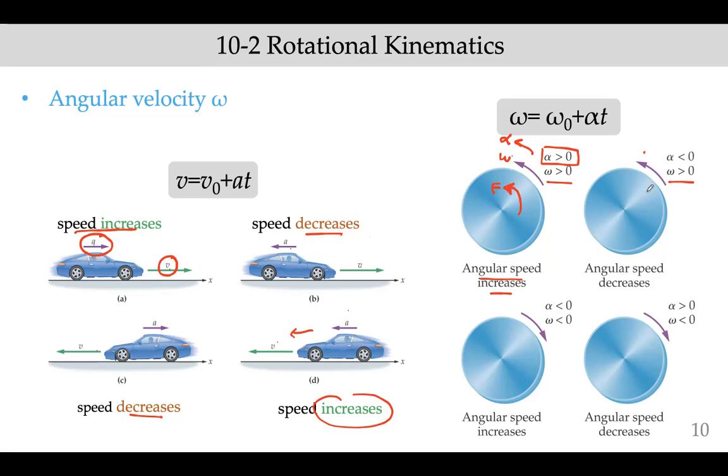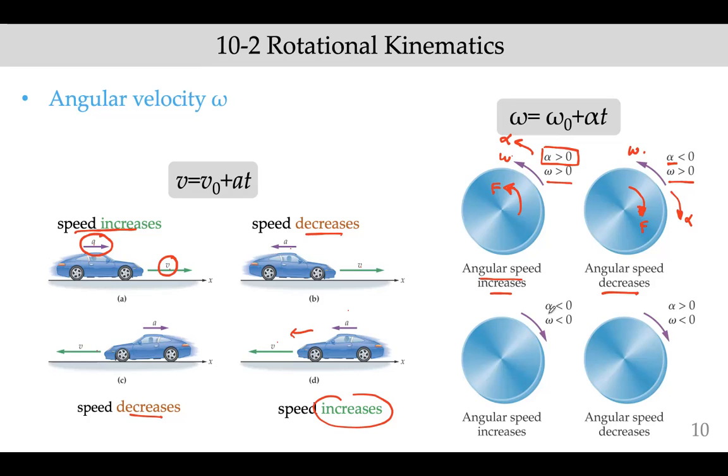Now, in this case, the speed is positive, but the angular acceleration is negative. That means there's a force. You can think of this as friction, or someone is applying a force in this way. Because here the angular speed is clockwise, but the angular acceleration is counterclockwise, because they're in the opposite direction, you get decreasing angular speed.